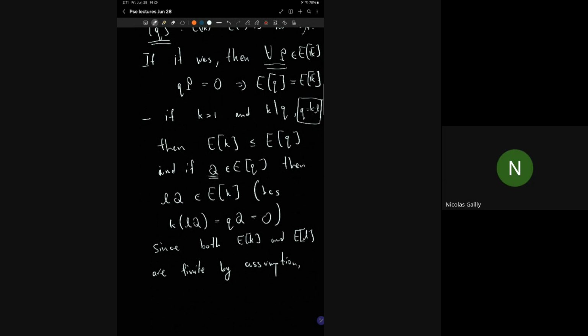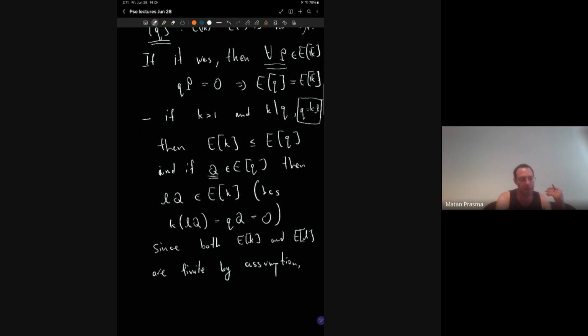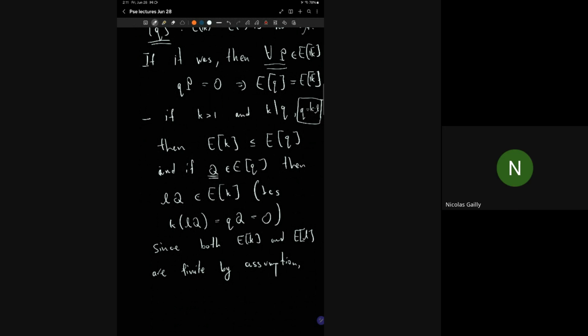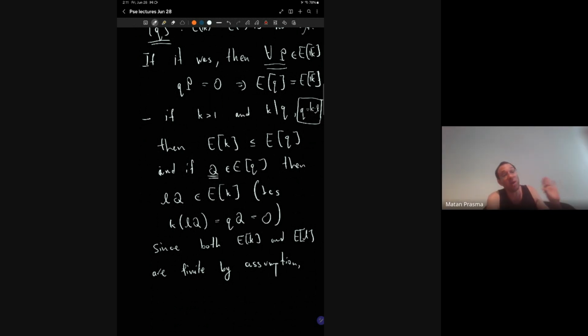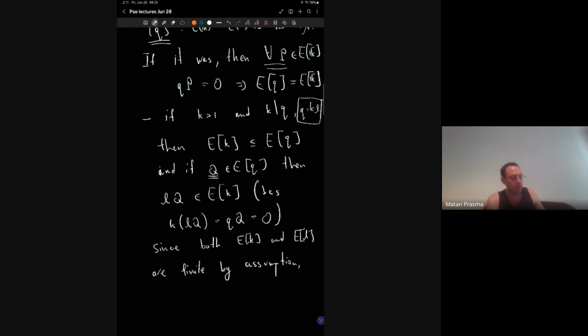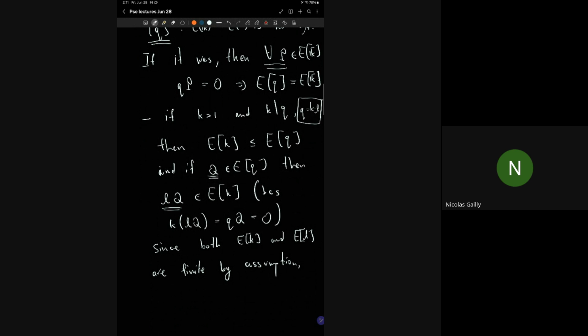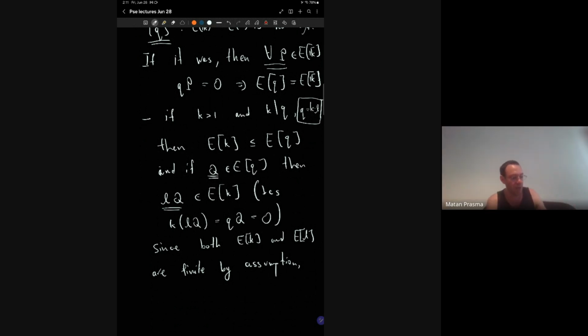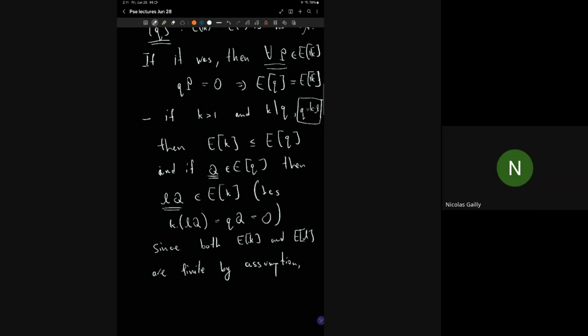I took an element of E[Q], so if I multiply it by Q, I get 0. I multiply it by L and get some other element, LQ. I don't know that it is 0, but if I multiply it by K, I get zero. Okay, got it. Thank you.